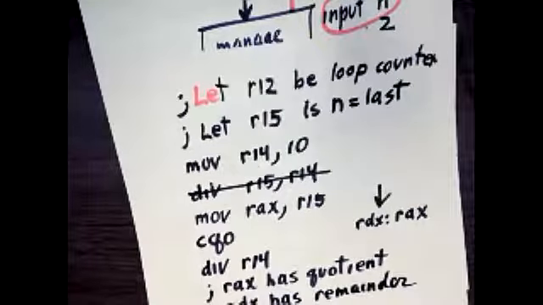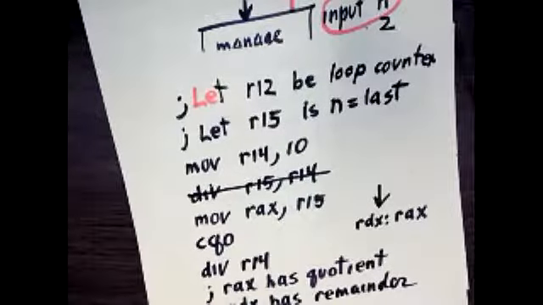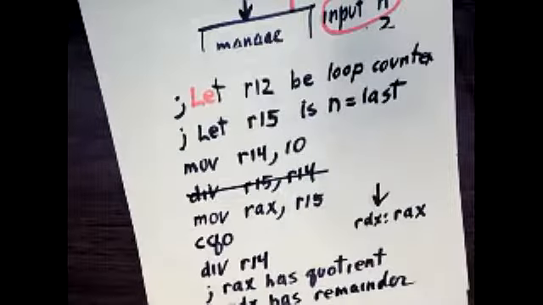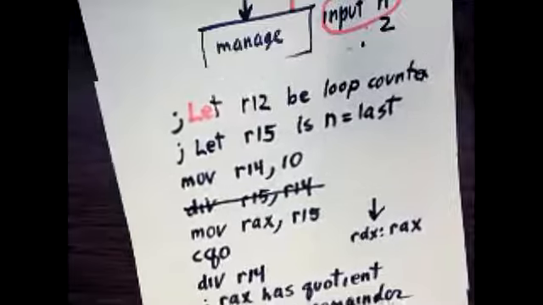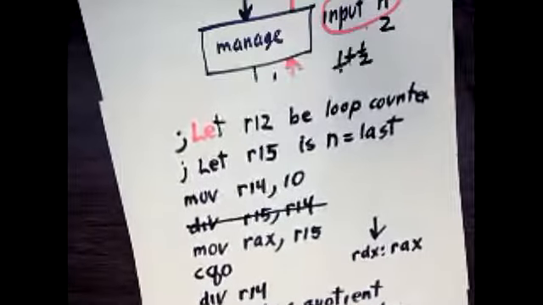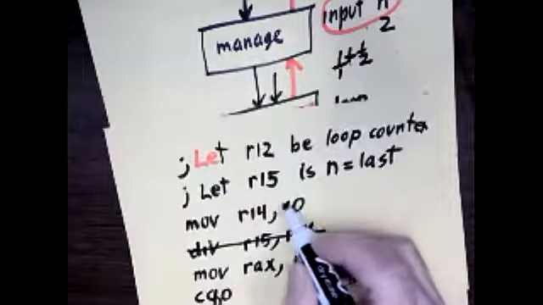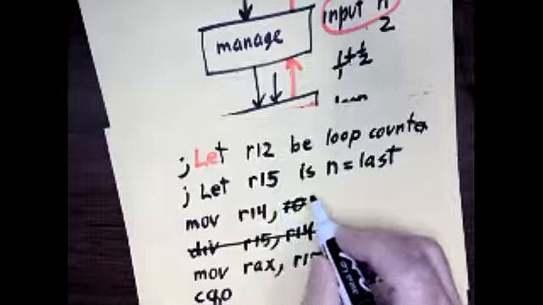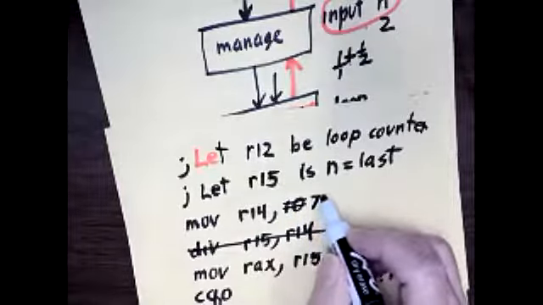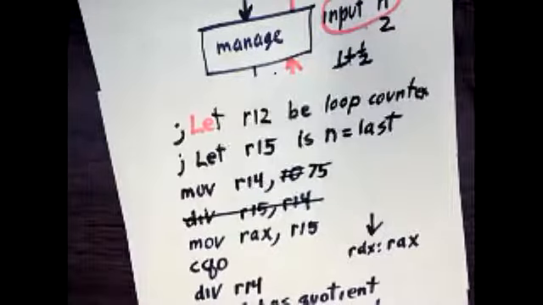And now we check RDX. If the remainder is 0, you're at a multiple of, let's see, you know what? I think I was supposed to put 75 in there. This would give me multiples of 10. RDX is 0 when there are multiples of 10. I'm looking back at my work. I think this better be the 75 number. So this is the remainder.